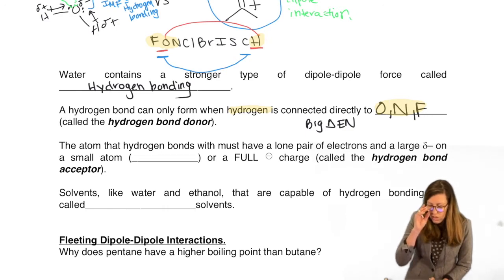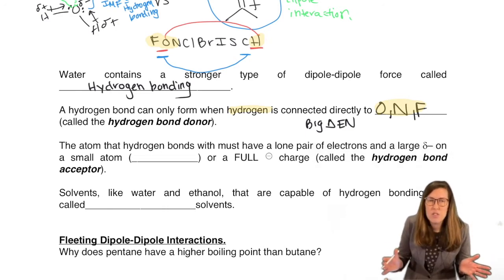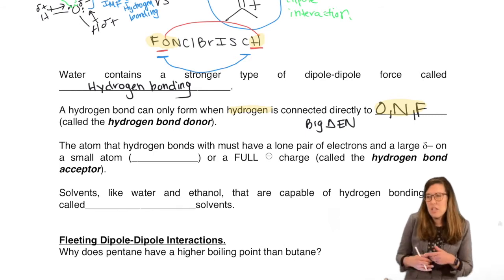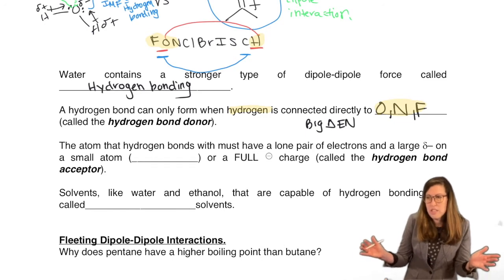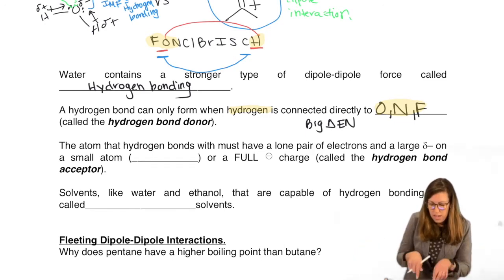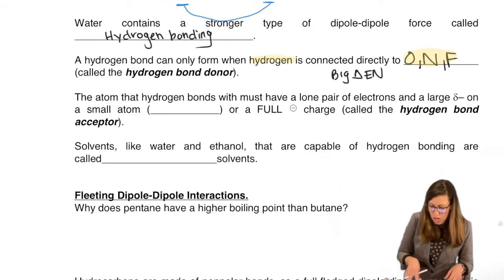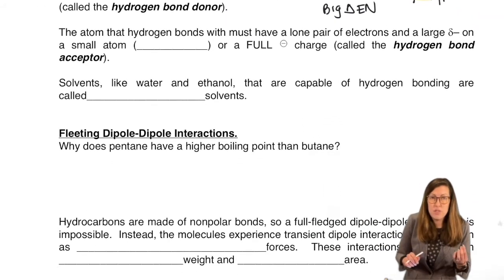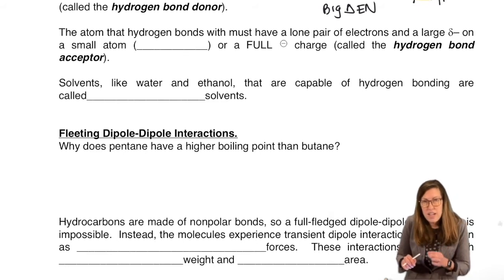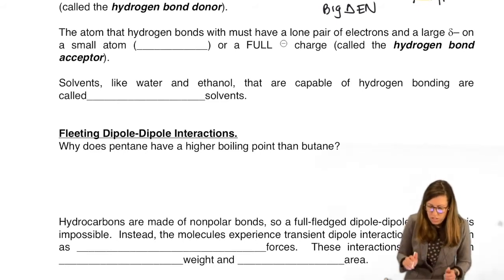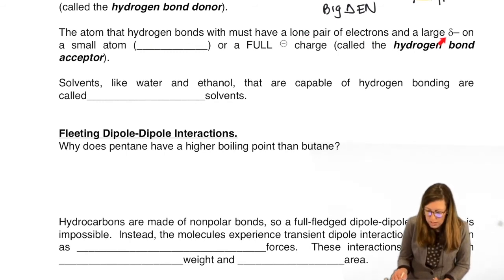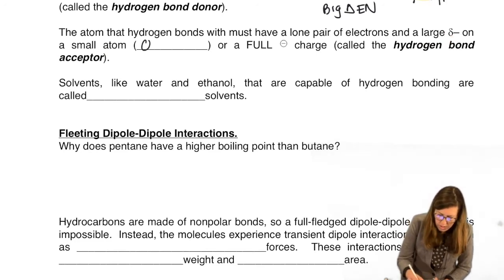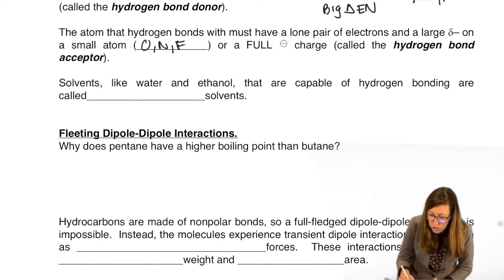Okay, the reason hydrogen bonding deserves its own class and it's not simply just dipole-dipole, this definition so far makes it seem like it's simply the strongest type of dipole-dipole interaction. And that's true with this example. But there are cases where you might even have a full-on charge making a hydrogen bond with a hydrogen. So the atom that the hydrogen bonds to must have a lone pair of electrons and a large delta minus, on a small atom, O, N, or F, or a full negative charge.